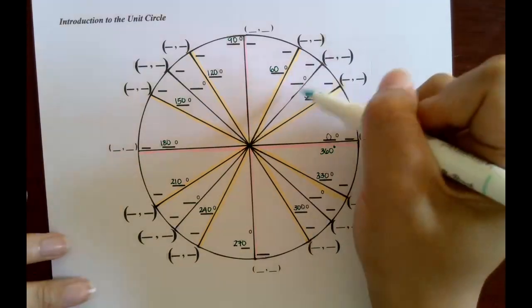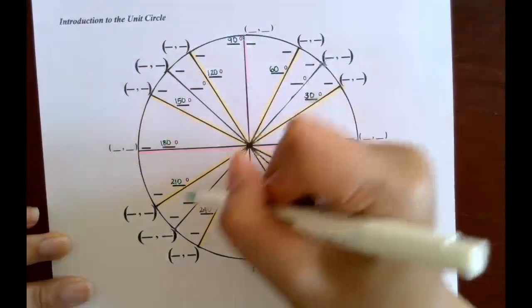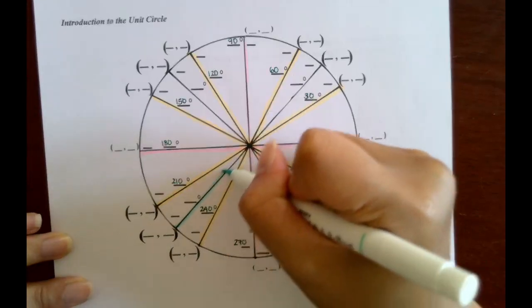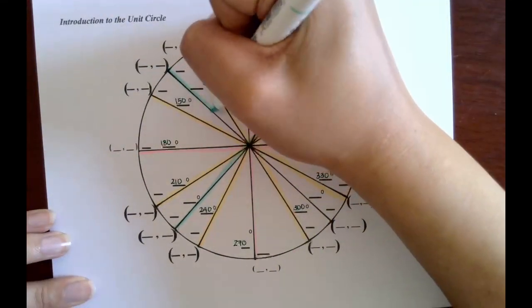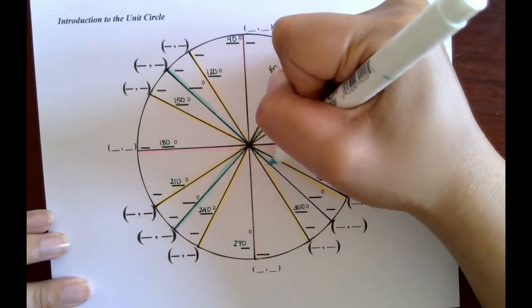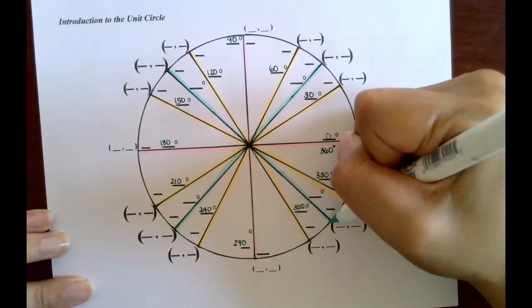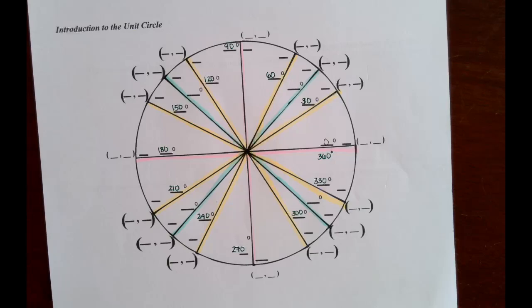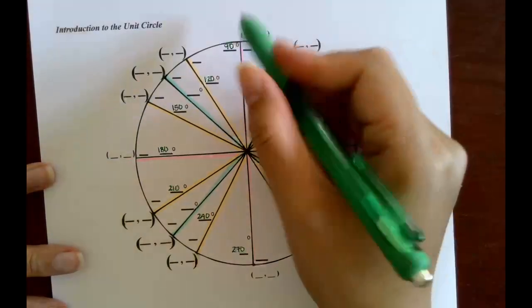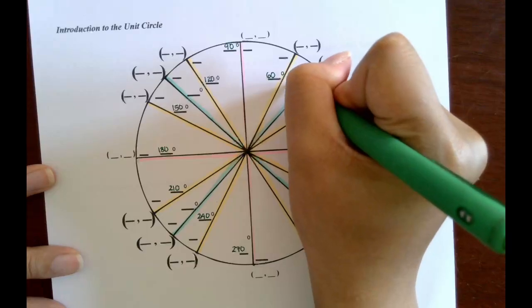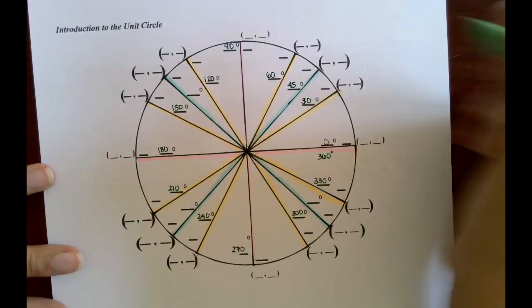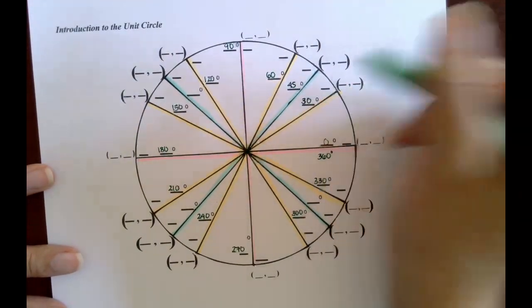Then what is the one in between? This is half of 90. Half of 90 is 45, so that's where this is. This is 45 degrees, or it's 15 away from each of the orange ones I have here.